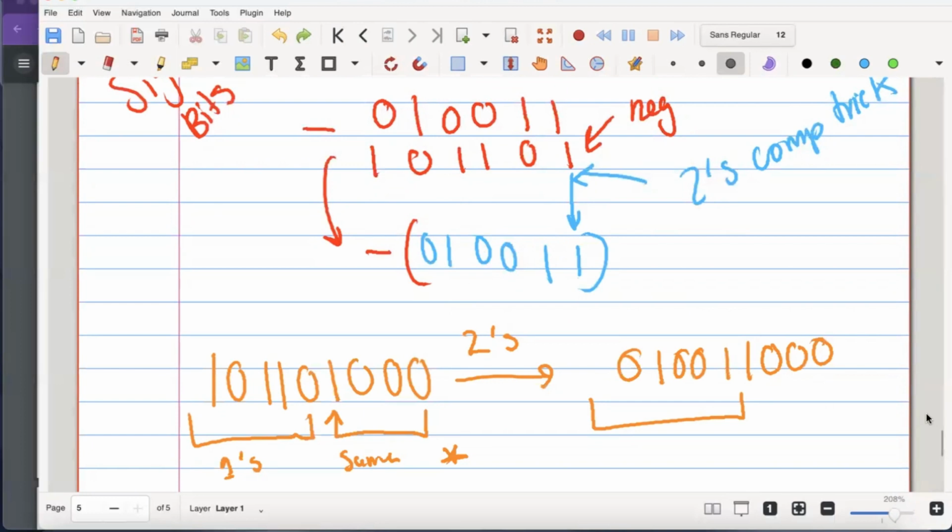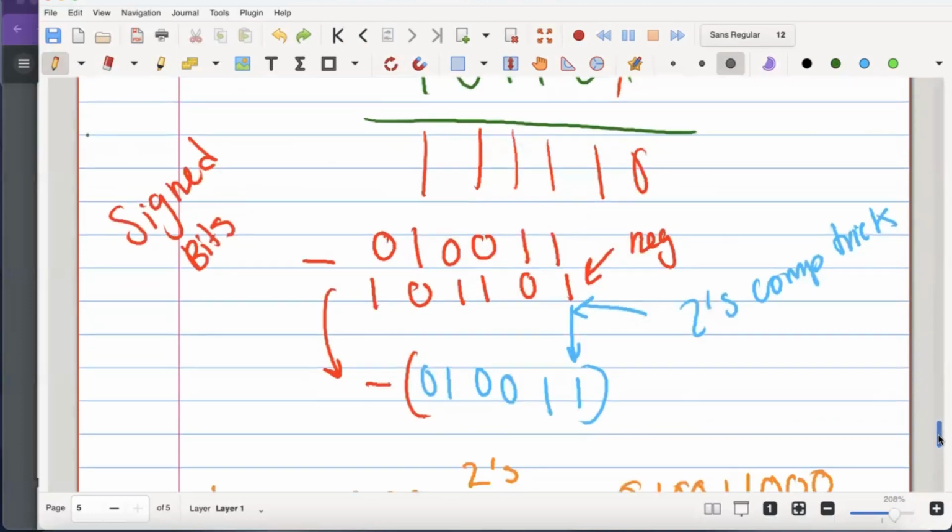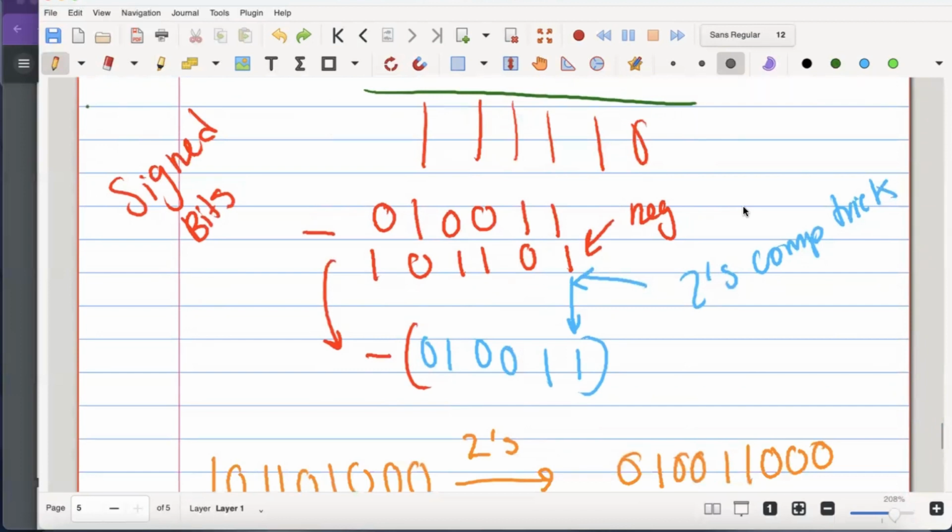Okay, now we're going to subtract these two values. To subtract, we just add. That's pretty much it. So to subtract these, it's 1, 0, 0, 0, 1, 1 and 1, 0, 1, 1, 0, 1.